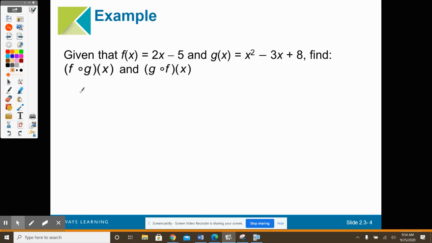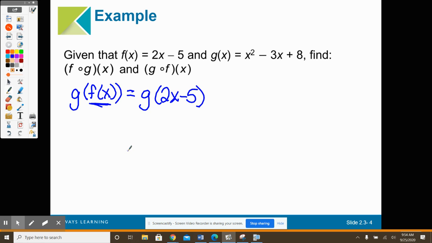Let's try g follows f, or g of f of x. Start in the innermost, and this one's going to be significantly harder, so please be careful here. This will be g of 2x minus 5, and hopefully you can see why it will be harder, because it's the same issue that I told you a lot of Algebra 3 kids make.